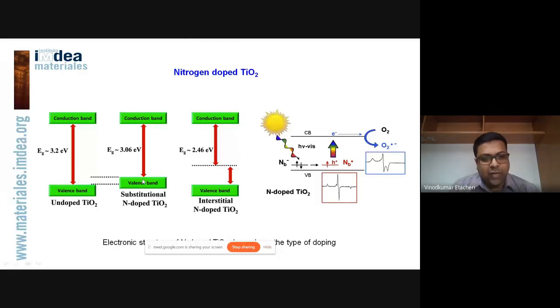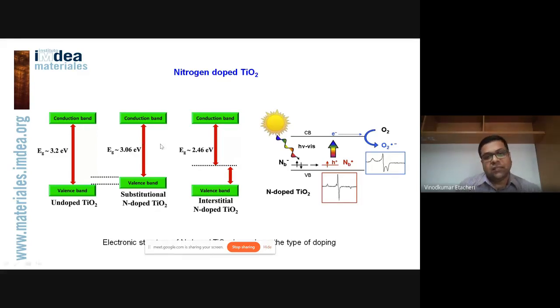The whole valence band moves up, reducing the band gap. The band gap can be reduced in different ways. It can be by moving the conduction band or moving the valence band, or creating additional levels. These are three types of methods. In case of substitutional nitrogen doping, the whole valence band moves up, and the band gap is reduced to 3.06 electron volt.